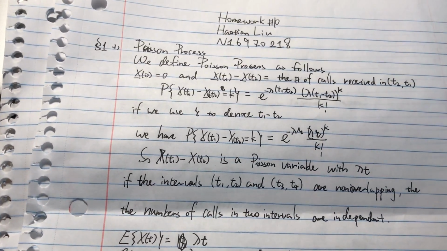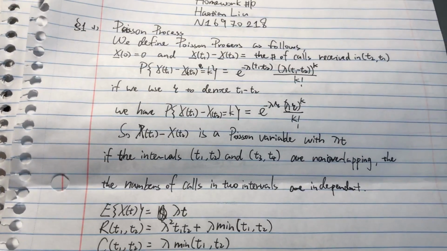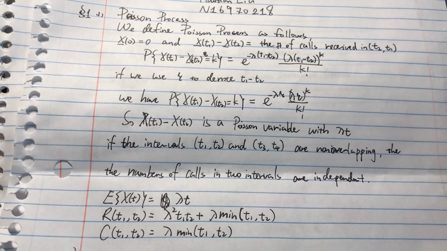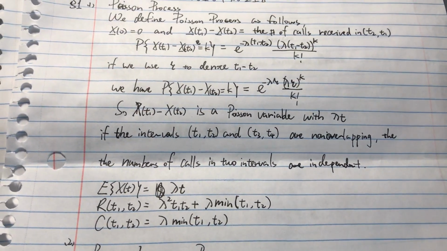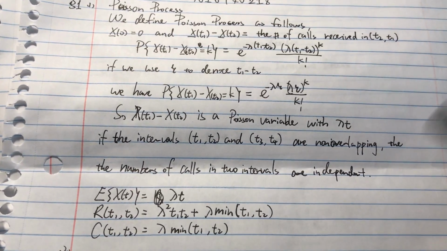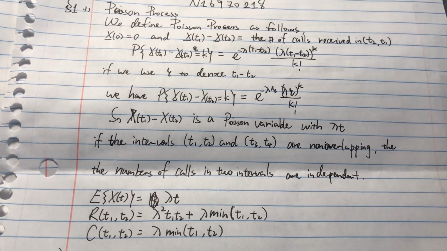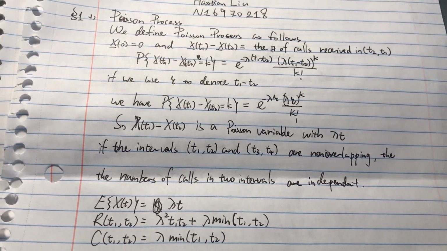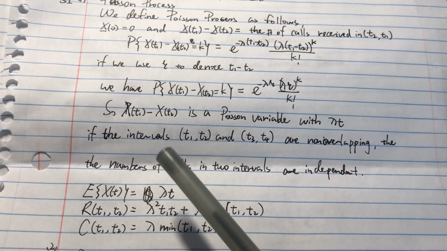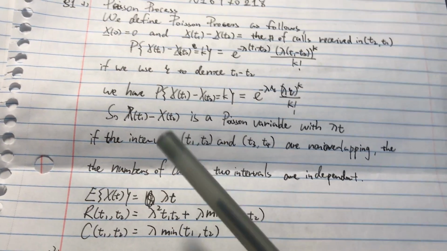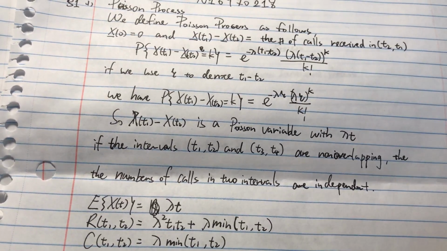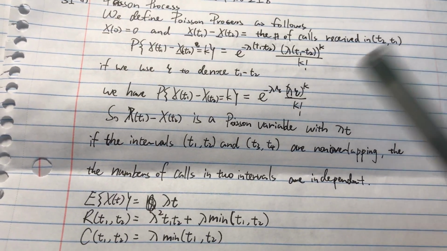We know that X(t) is a Poisson variable, so their difference should also be a Poisson variable with the parameter lambda times tau.